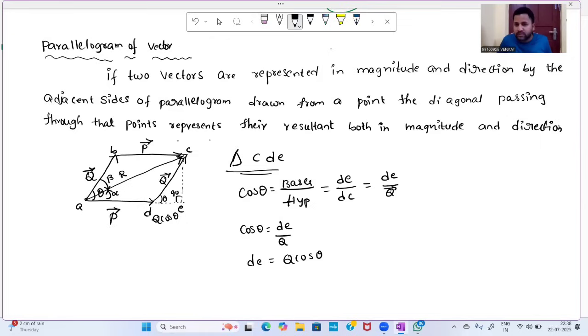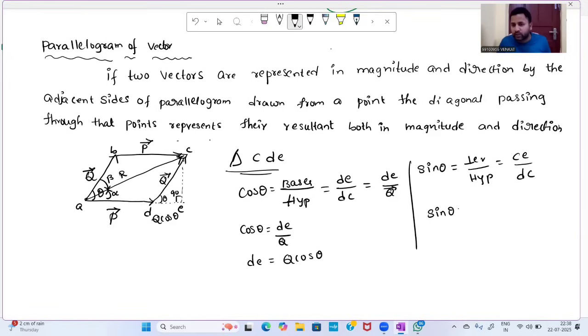Similarly, by using sine theta we can find the perpendicular component. Sine theta equals perpendicular by hypotenuse. What is the perpendicular here? CE, opposite to the angle. So we can write CE by the hypotenuse DC.